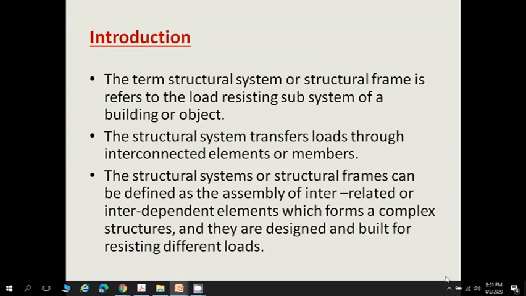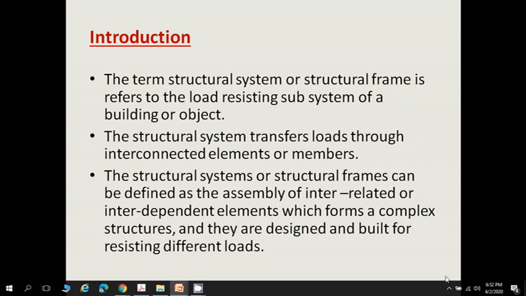Interconnected elements means they are connected through beams, columns and then footings. The structural system or structural frame can be defined as the assembly of interrelated or interdependent elements which form a complex structure, and they are designed and built for resisting different types of loads.